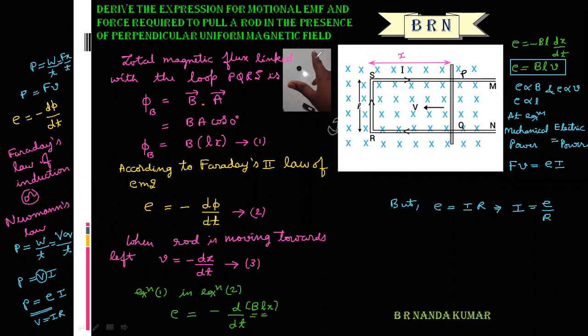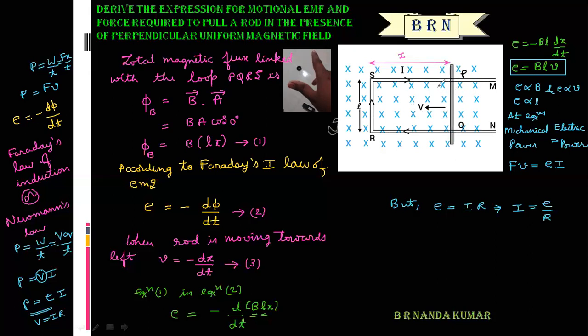The forefinger points in the direction of magnetic field, the middle finger points in the direction of induced current, and the thumb points in the direction of motion of the conductor.